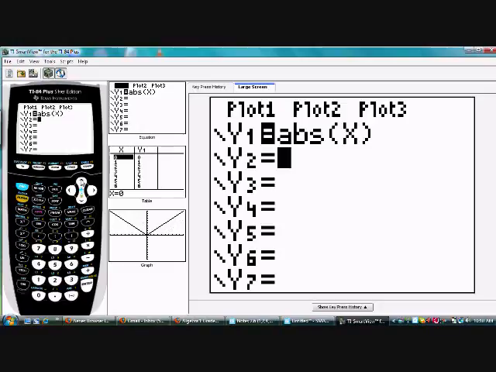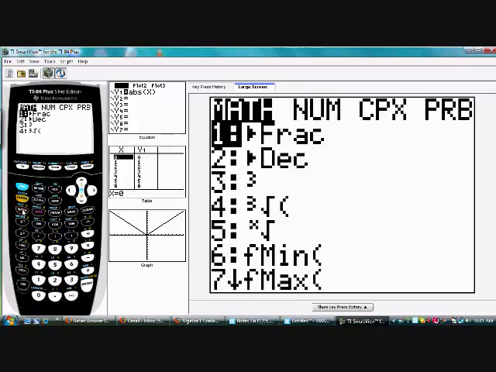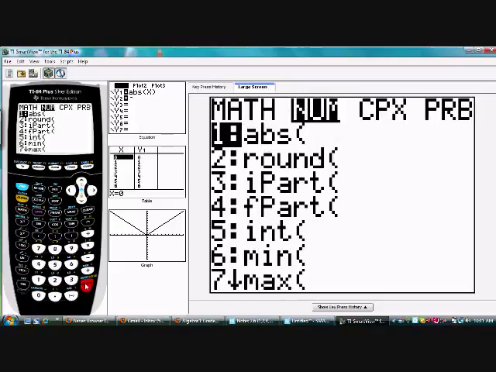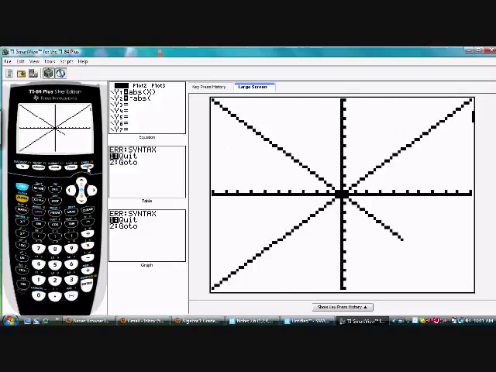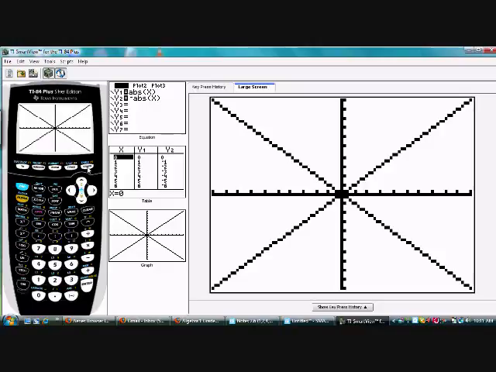So I'm going to put that negative out front of the absolute value, and then I'll put in the absolute value of x. Close my parentheses, and hopefully I'll have something that's upside down. Yeah, it makes a nice picture too.